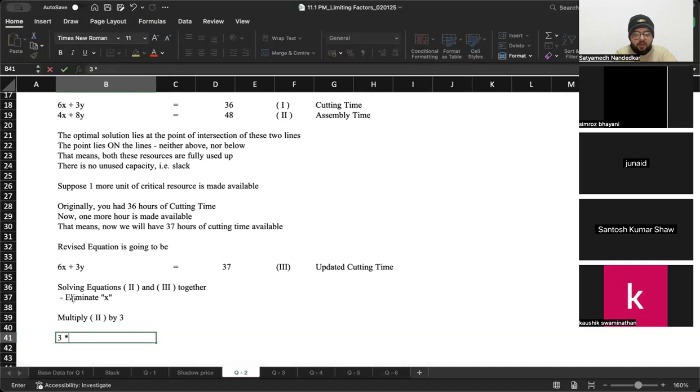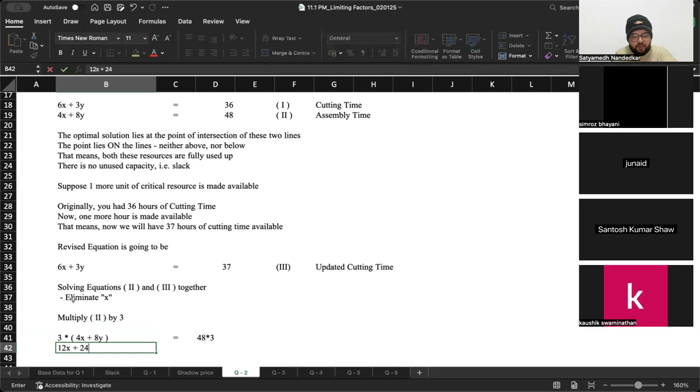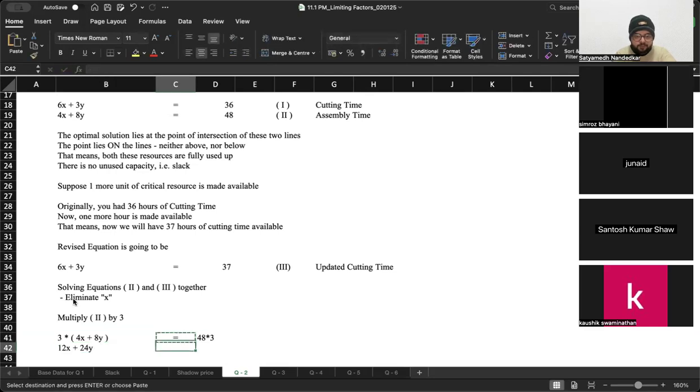Okay. So what will happen? 3 into 4x plus 8y equal to 48 into 3. So 12x plus 24y equal to 144. This is your equation 4.